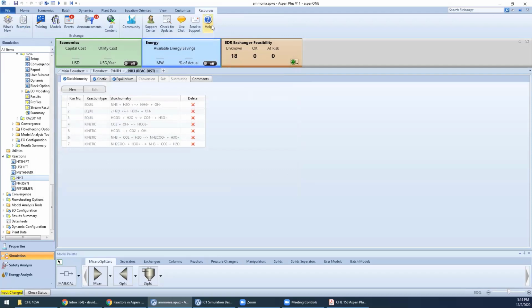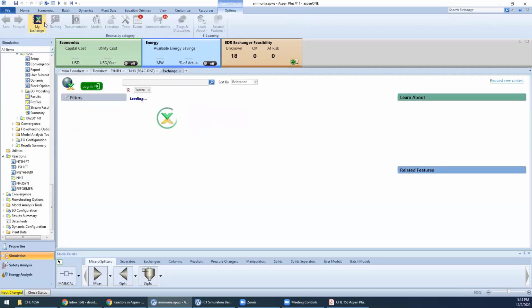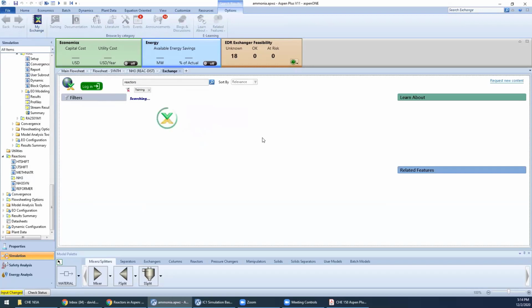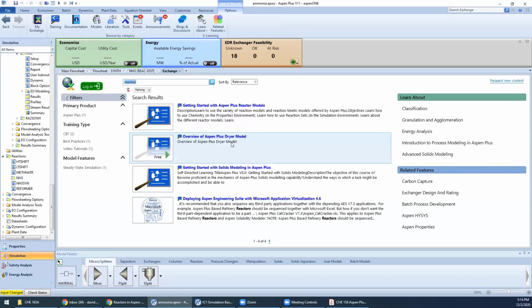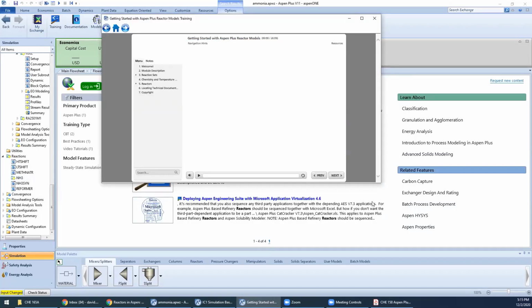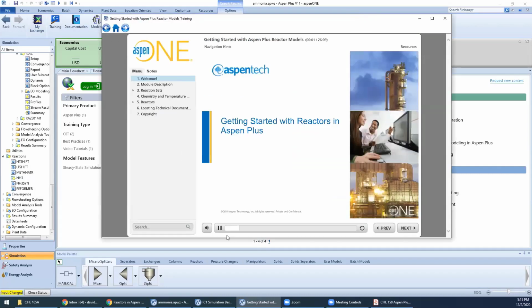Some other really good ones, of course, there's the help, but under training, if I type in reactors, there's Getting Started with Aspen Plus Reactor Models. If I click the little play button, a window pops up. Welcome to the Aspen Plus teacher.